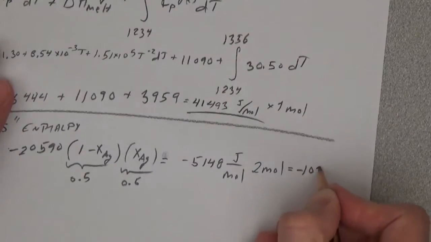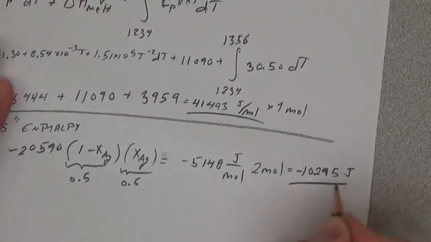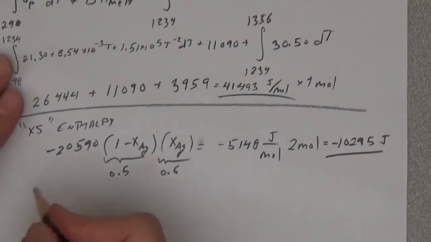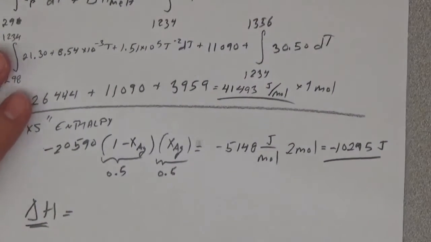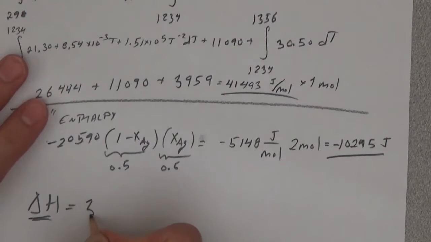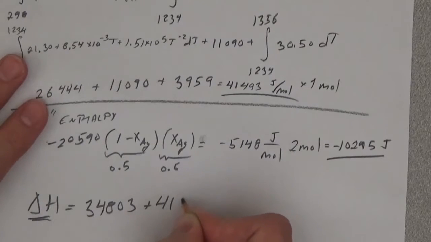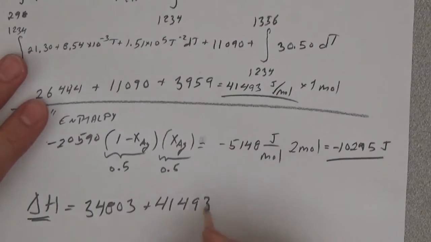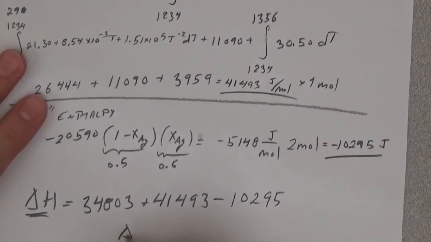So that gives us minus 10295 joule, which means that delta H is equal to 34803 plus 41493 minus 10295.